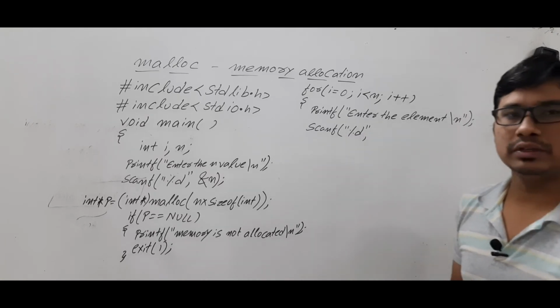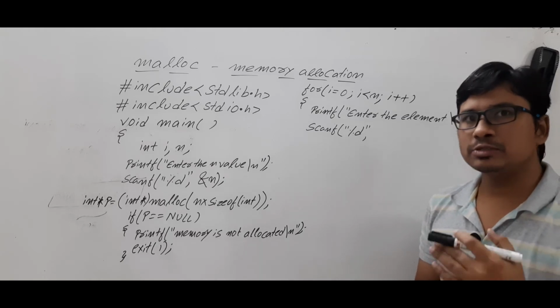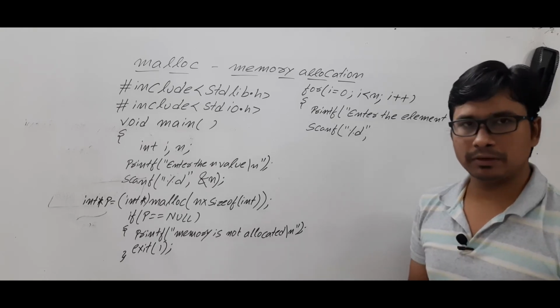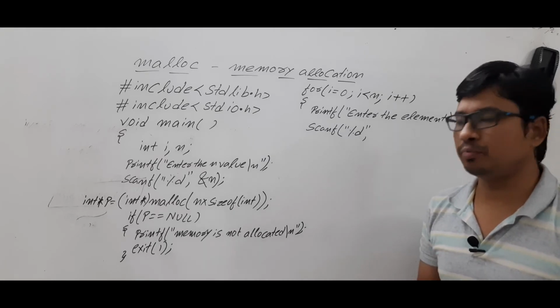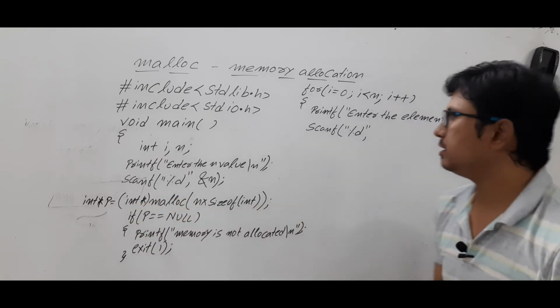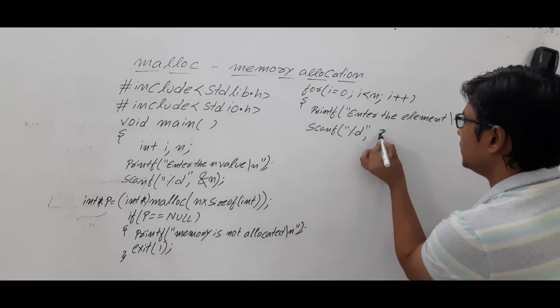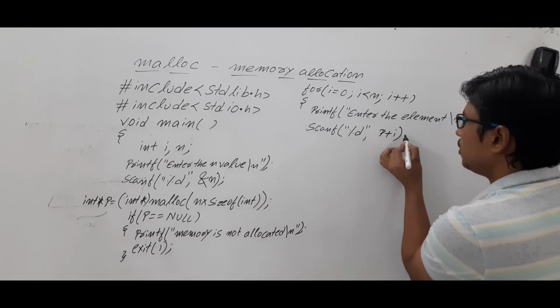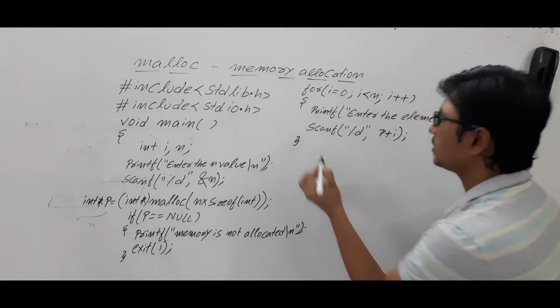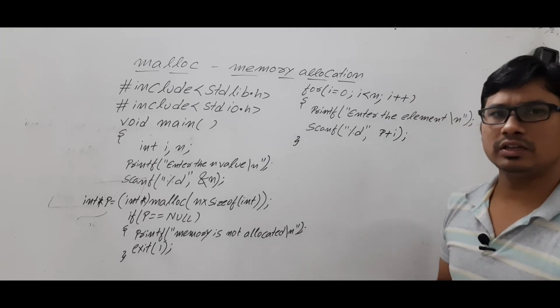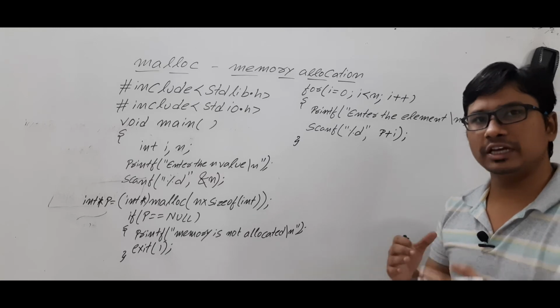Now I told you that pointers play a major role in dynamic memory allocation. The memory allocations will be accessed with the help of a pointer. Here it is P, so here you have to write P plus i. What is that one? I will discuss it for you. Don't worry.